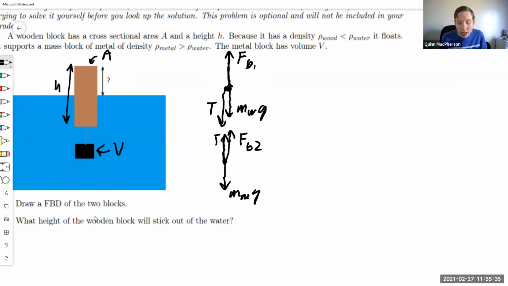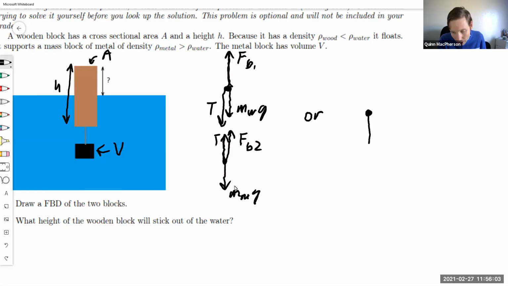Okay. So this would answer the first question, which is to draw a free body diagram for each of the objects. But it's actually much easier to solve this problem as a single object. These two objects will sink or float together. So it's handy to draw them as a single object with forces on it. So let's imagine we have a single object.